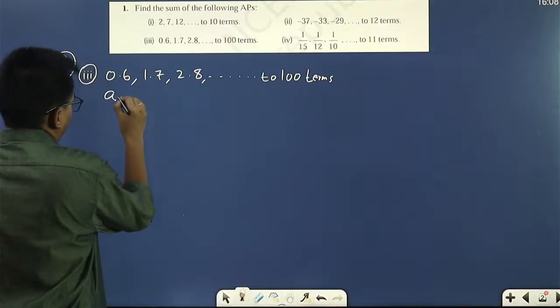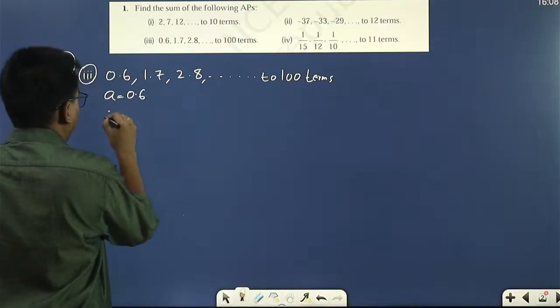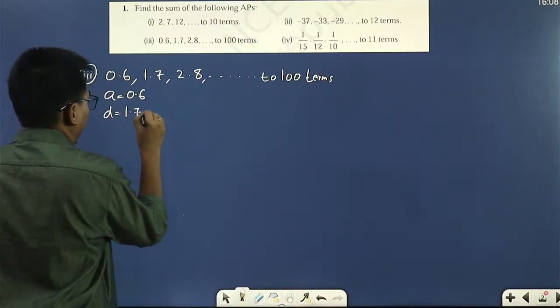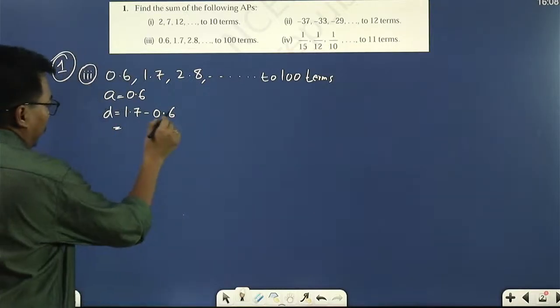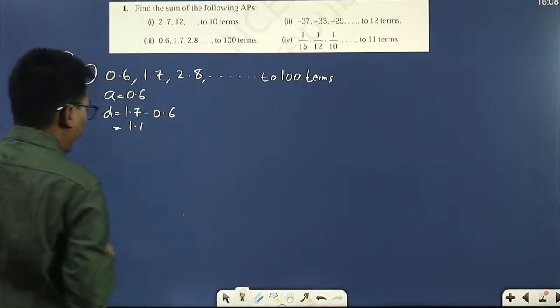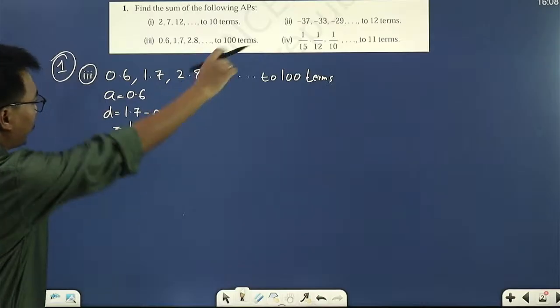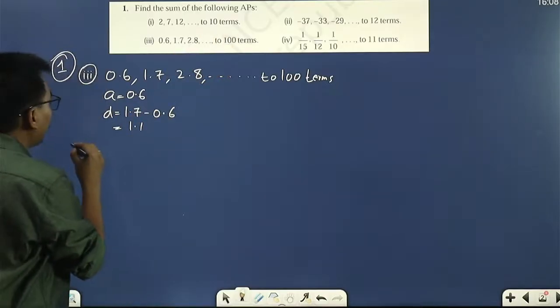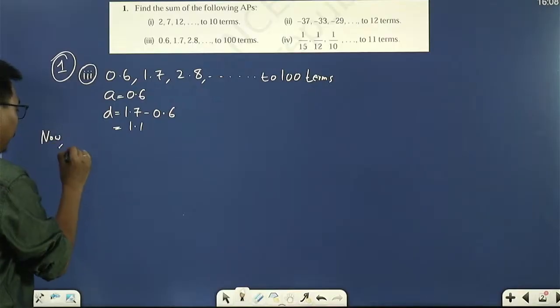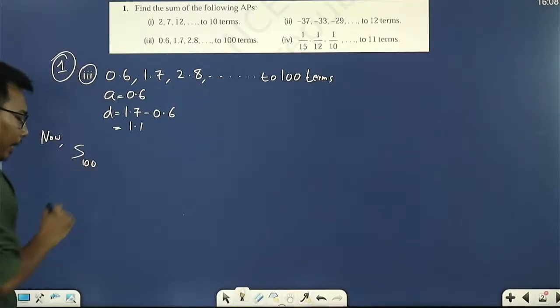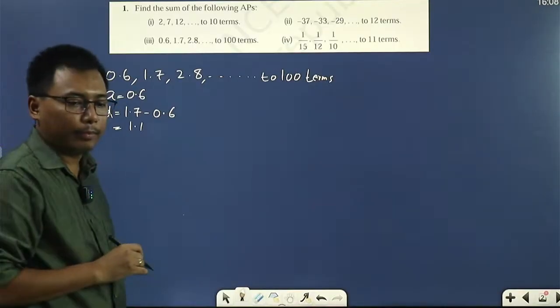So here, A is 0.6, D is 1.7 minus 0.6, which is 1.1. D is equal to 1.1. All right. Now we have to find S100, up to 100 terms, right?